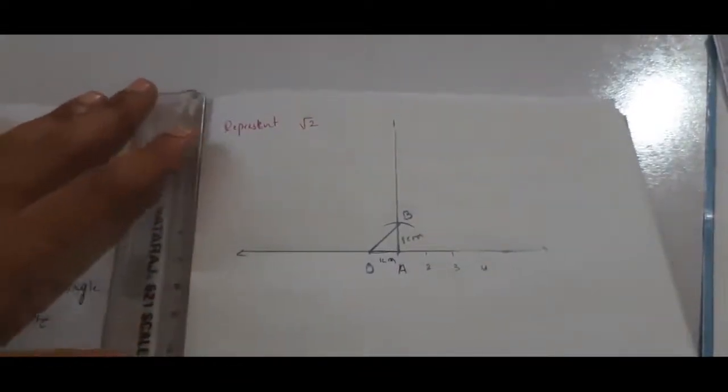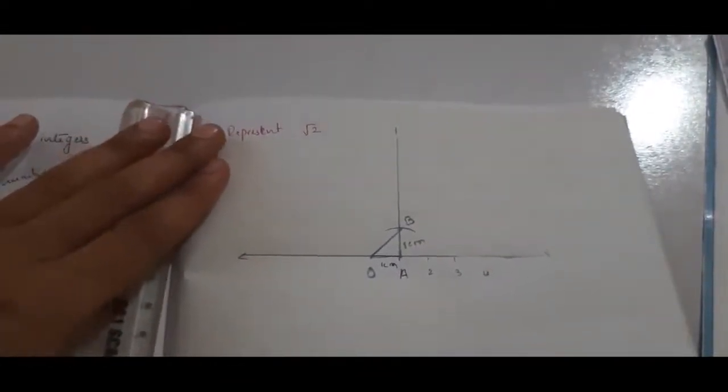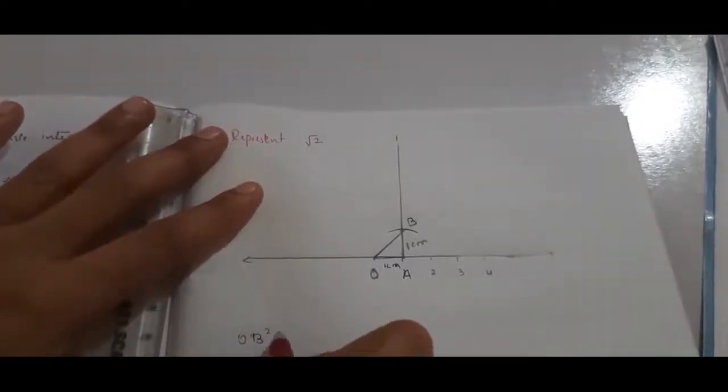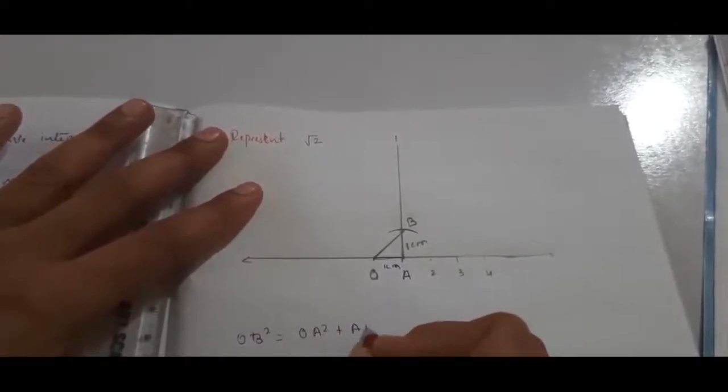By the help of the Pythagoras theorem, we know the statement OB square is equal to OA square plus AB square.